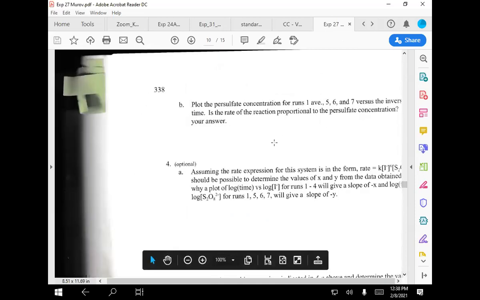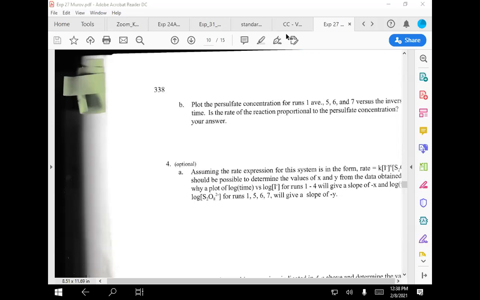It's telling you another graph. So you have to do this graph also. Yes, we'll have this as optional because there's enough to do and we're just getting started. So yes, that's optional.